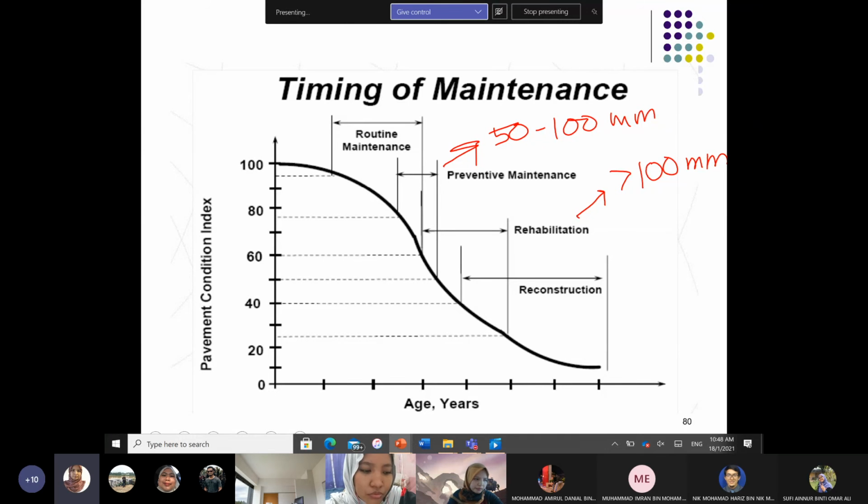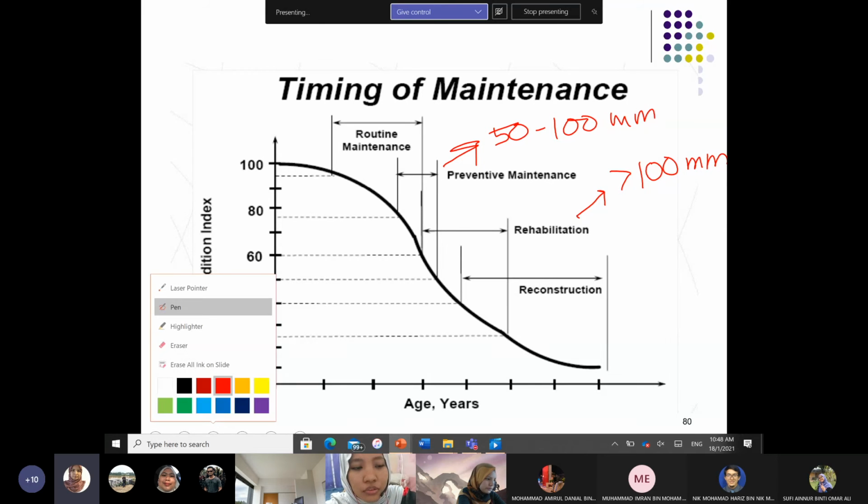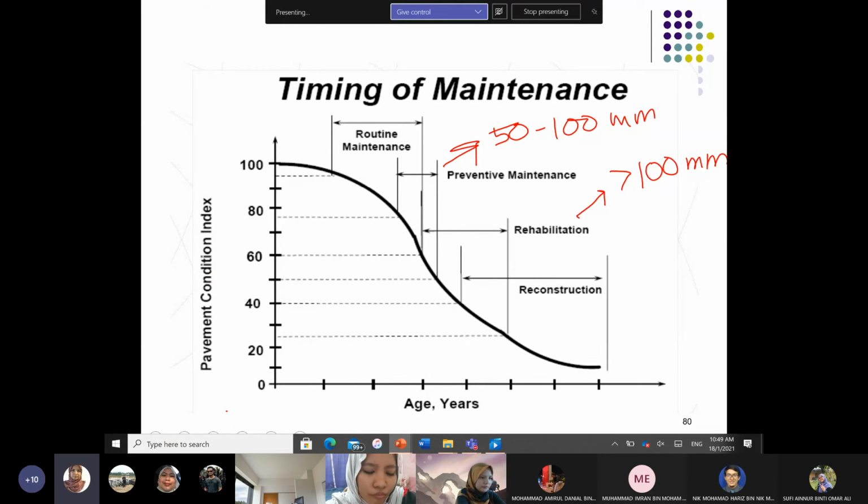Okay, so kita tengok lagi, bila makin pergi ke kanan ni, makin ke kanan dia akan makin teruk lah jalan tu. Kalau tengok dia PCI dia dah makin rendah kan. So what they propose that is to go for reconstruction. Okay, yang ni you kena buat balik, kena remove the whole pavement, then you redo again the whole structure lah.